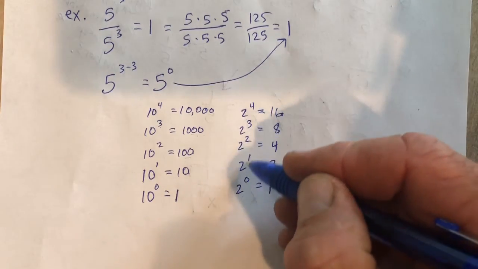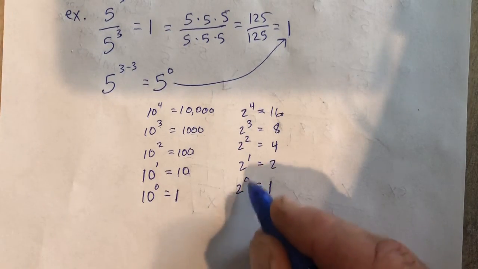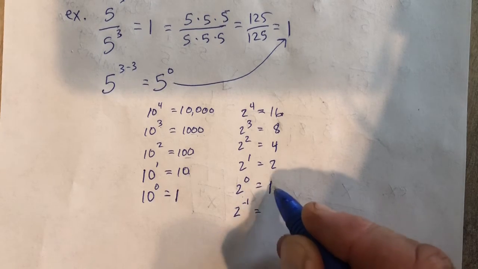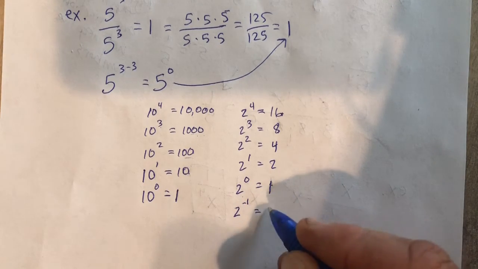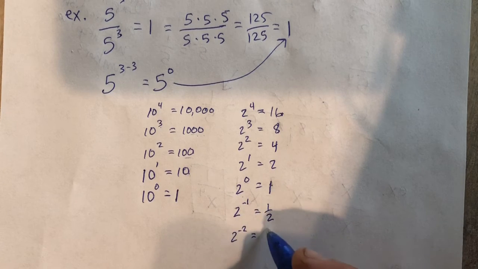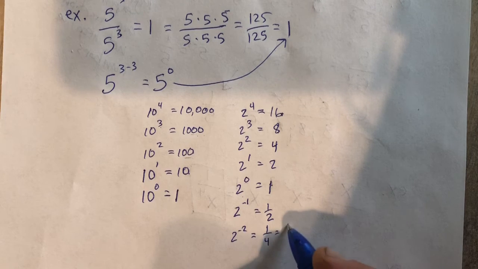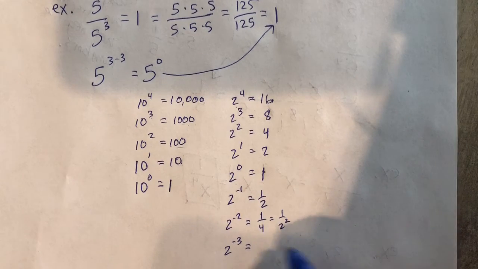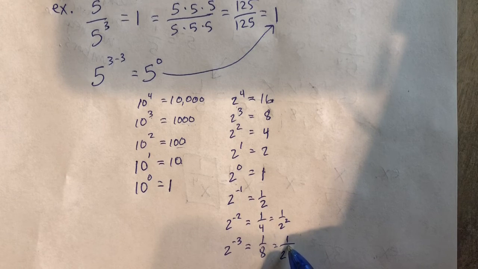You could also continue these patterns down into the negative exponents. So say we've got 2 to the negative first power. If you divide that by 2, you get 1/2. 2 to the negative second power, that would be 1/4, or 1 over 2 squared. 2 to the negative third power is going to be 1/8, or 1 over 2 to the third power. 2 times 2 times 2 is 8.